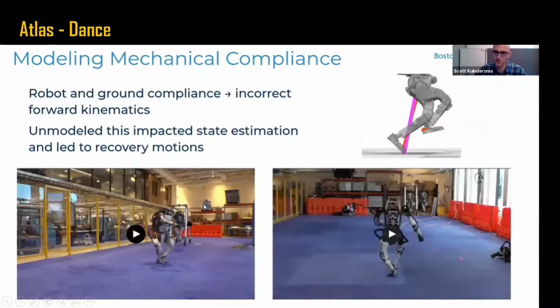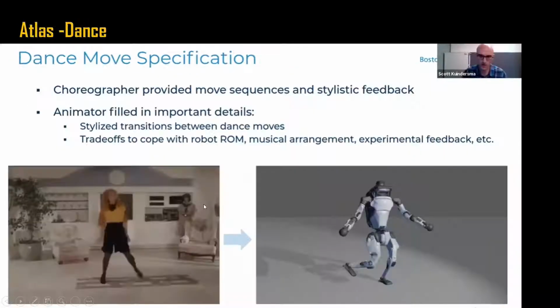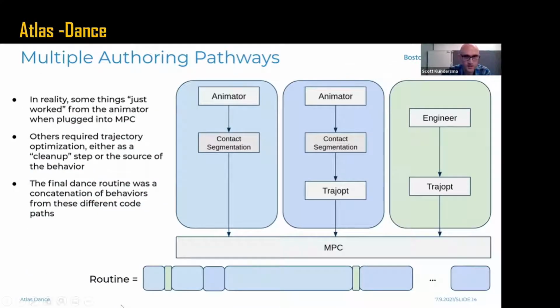The transition from different movements is how they define different routines. So let's say this is one routine where it's fed directly from the animator, and then this one where trajectory is optimized, and then here directly again from the animator, and here again trajectory optimization and so on.